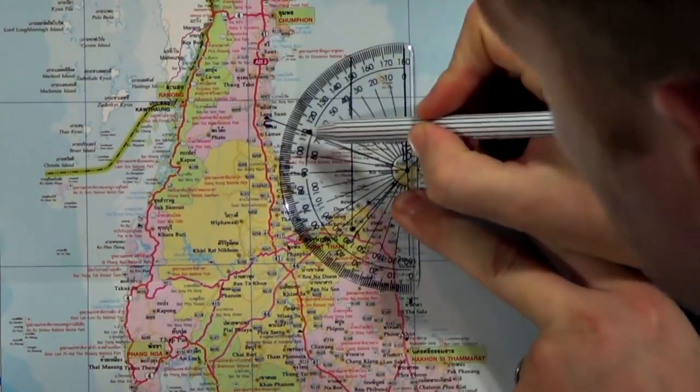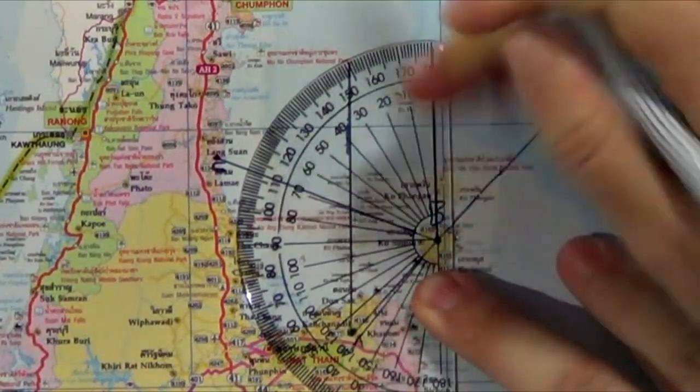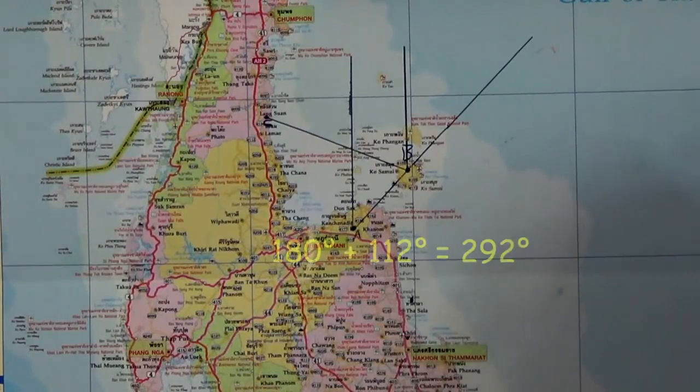So you will see that it is exactly 112 degrees. So now you are going to say 180 plus 112 degrees. So the bearing between those 2 points is 292 degrees.